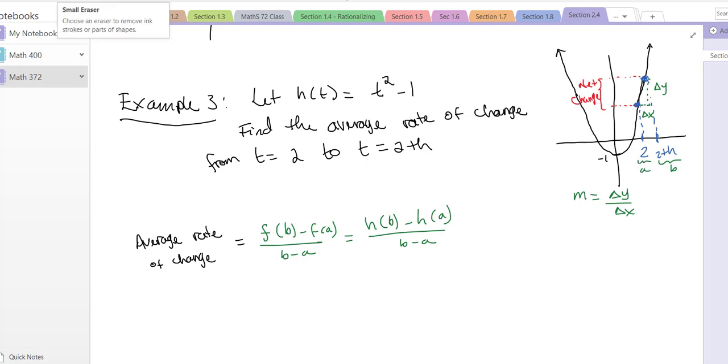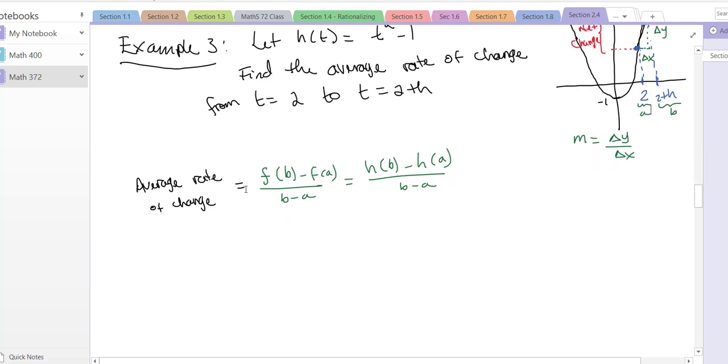So plugging it in, we're going to have h of b, right? This becomes then h of 2 plus h. Oh, I just realized this is a bad name for this function. Minus h of 2 all over b minus a.